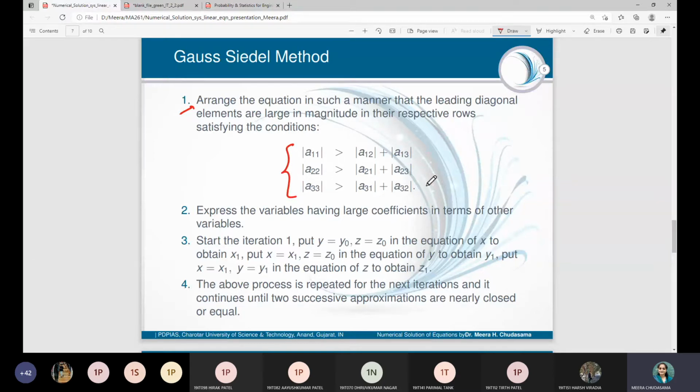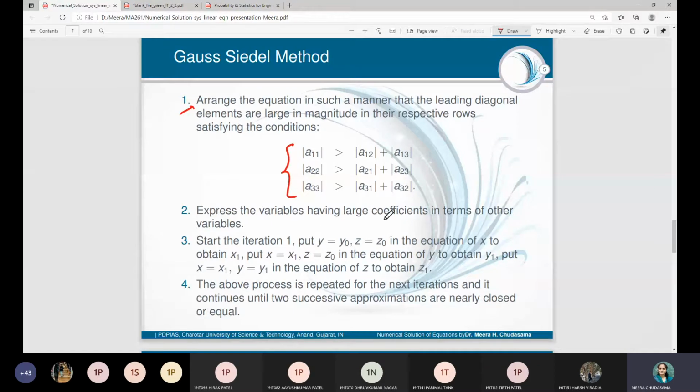Then only Gauss-Seidel method is also applicable. Means in each case, that is either in Gauss-Jacobi or in Gauss-Seidel, for both of these the convergence condition will remain the same. Okay. And a numerical solution will exist only if this convergence condition is satisfied, otherwise you can't solve.